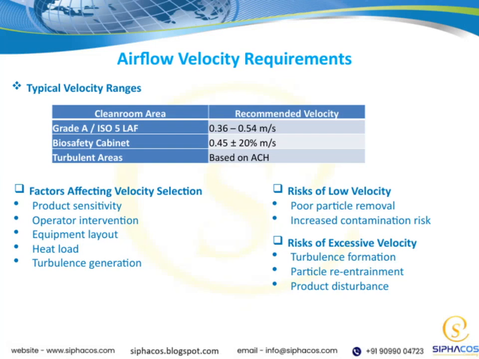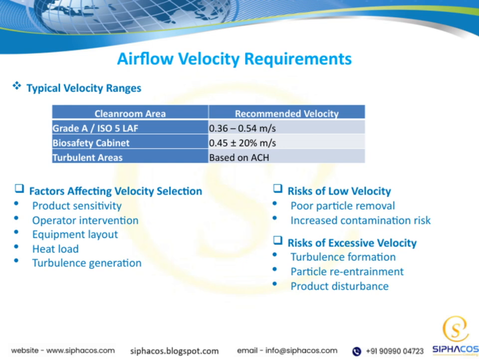When selecting airflow velocity, several factors come into play. We need to consider how sensitive the product is, whether operators will intervene, the layout of the equipment, the heat load, and how turbulence might be generated. Choosing too low a velocity risks poor particle removal and higher contamination.